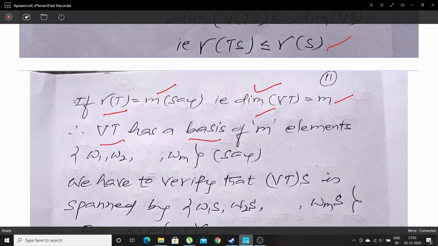Whenever we see the word dimension, that means it should be a basis of the vector space containing how many elements? M elements.